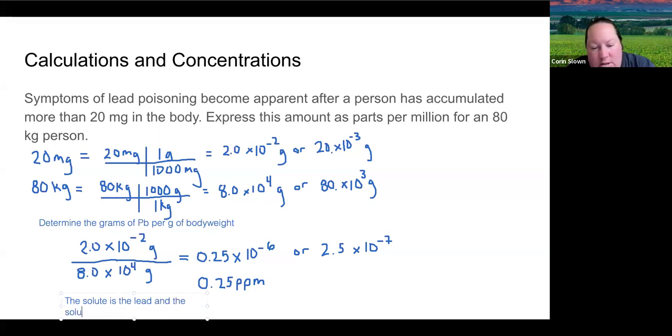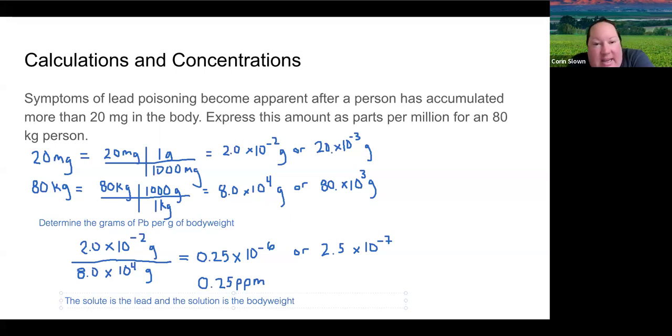And the solution, or the solvent, is the body weight. So you can use parts per million for all sorts of interesting purposes. So in this case, 0.25 ppm is when, right, someone starts to exhibit symptoms of lead poisoning. So it's not the first time that they experience negative impacts, but it's when those symptoms start to show up.